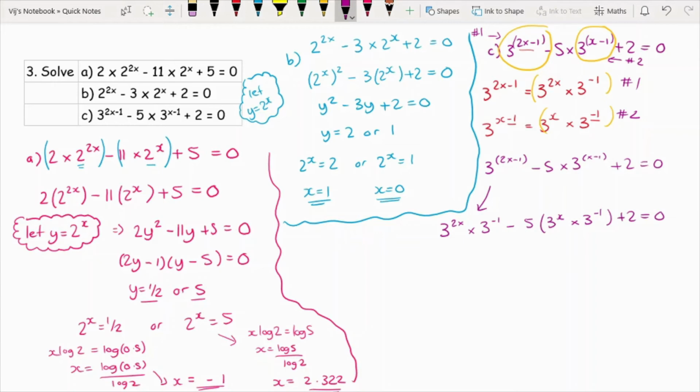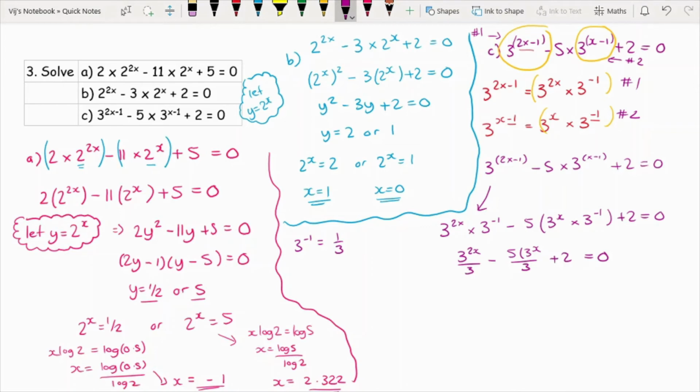Now if you think back to what 3 to the power of minus 1 is, well, it's just a third. So what I end up with is 3 to the 2x divided by 3, minus 5 times 3 to the x over 3, plus 2 equals 0.